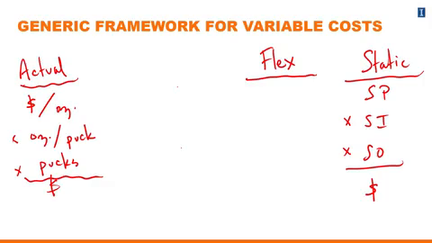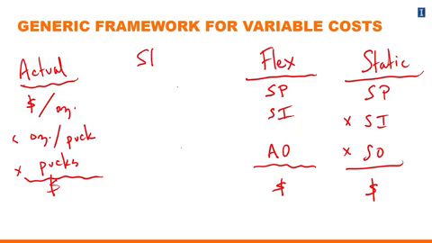So comparing the flexible budget to the static budget: it is all expected numbers, standard price, standard input, but actual output. It takes into account what we actually produced, but at the standard price and standard input amounts. So it tells us what we should have spent given what our actual production was. When we multiply the standard price, standard input, and actual output numbers, we get the flexible budget for, in this case, materials.